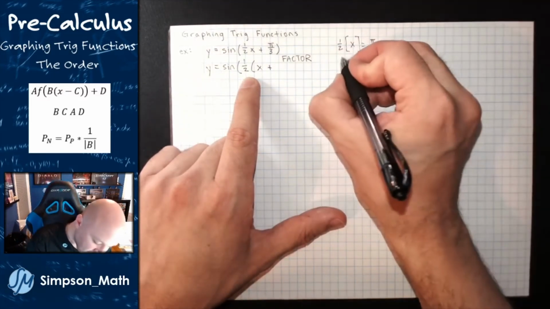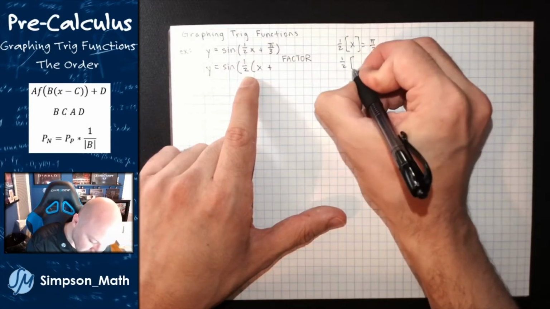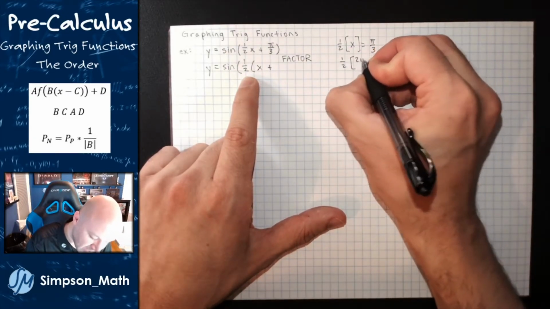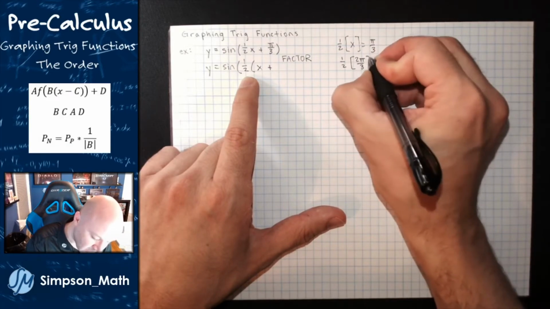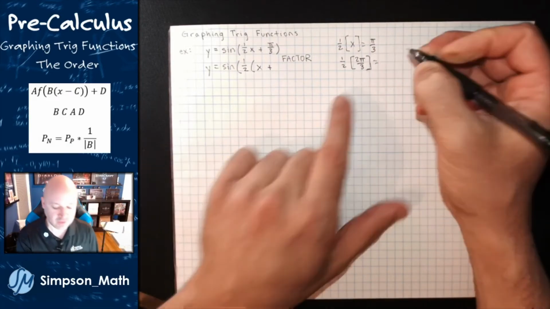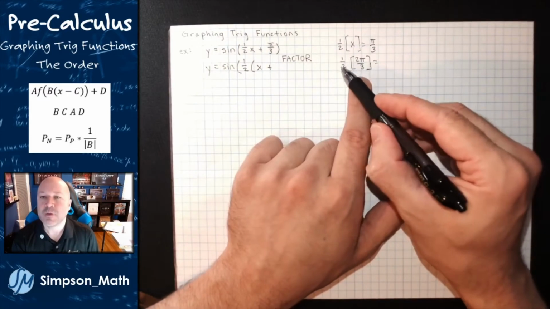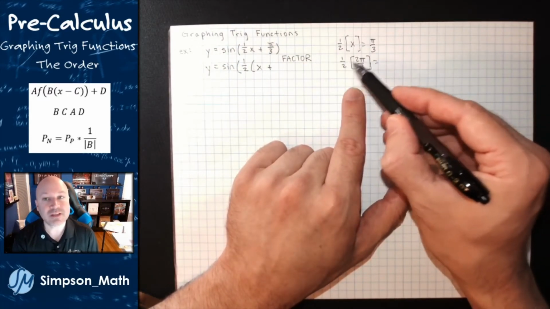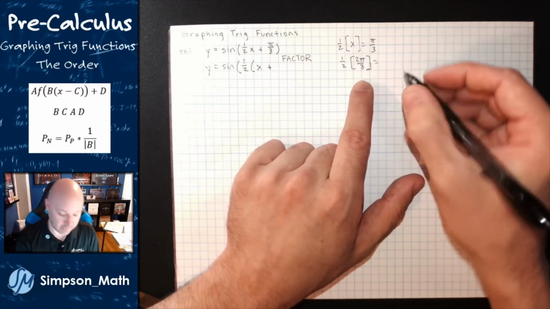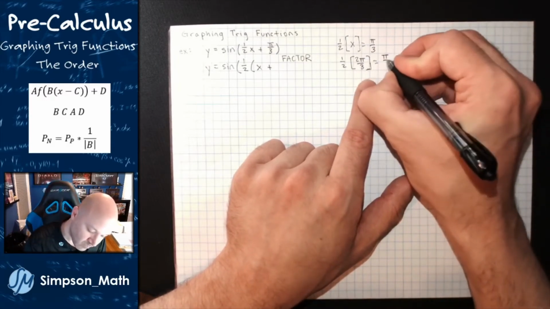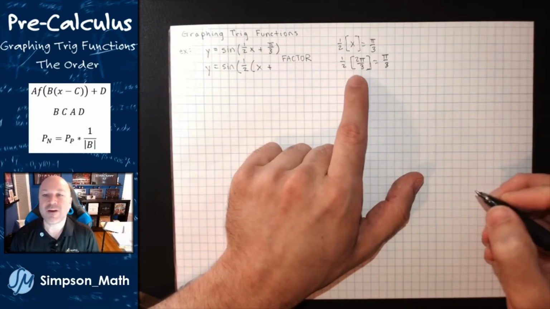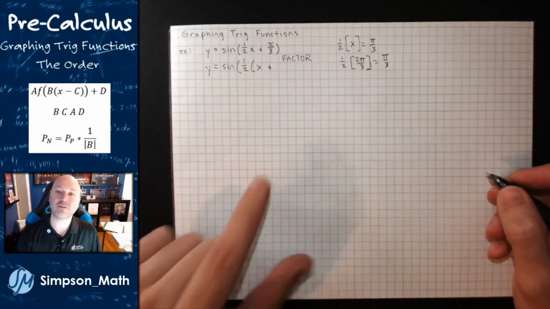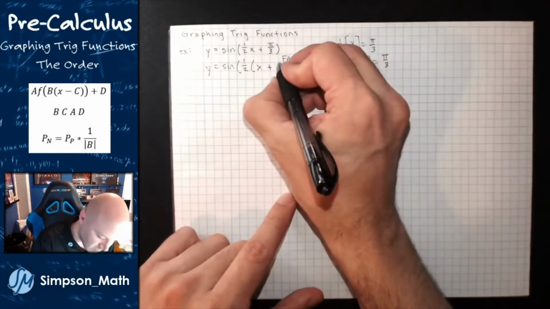But I think if I were to say 2 pi thirds, that's my guess. So 1/2 times 2 pi thirds, the 2's would reduce, and that would leave me with pi over 3. So if I factor 1/2 from pi thirds, I will get 2 pi thirds.